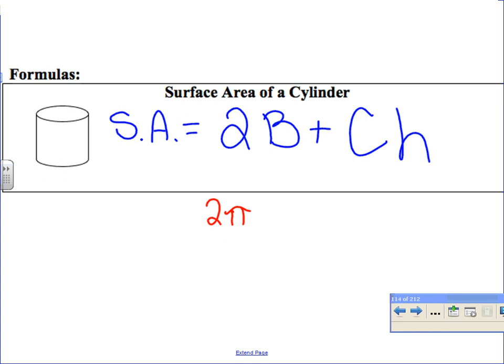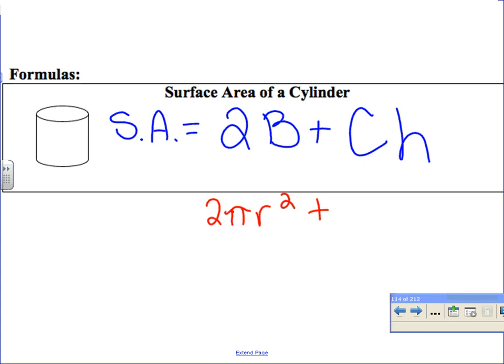Camille? Good. All right, we're in trouble, guys. No, I'm just kidding. Okay, area of a circle, just remember, I know there's a lot of formulas to remember, is pi r squared. Because it's 2 times area of the base, so 2B, I'm just writing underneath it, just so you remember, this translates to 2 pi r squared. But I want you to remember the one in the box. We're just doing a review of it here.